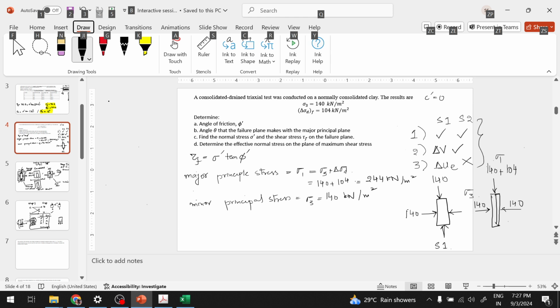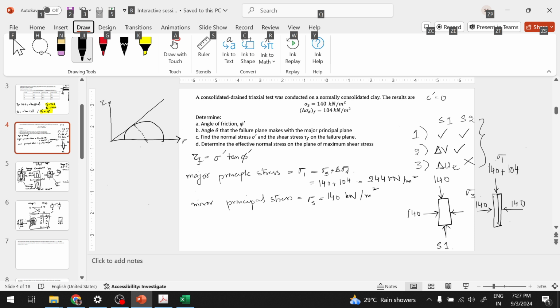Now, if you look at the Mohr circle for a failure plane with C dash equals 0, this is our tau and this is our sigma n.